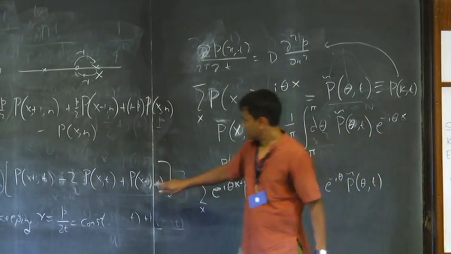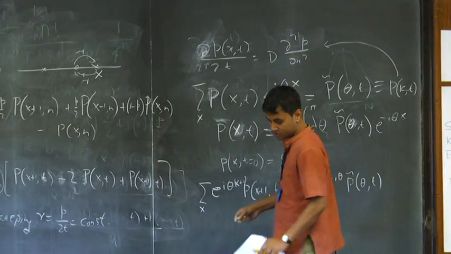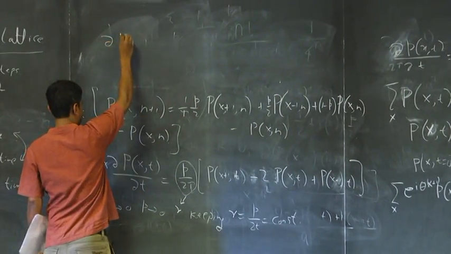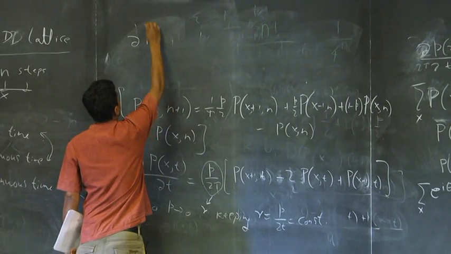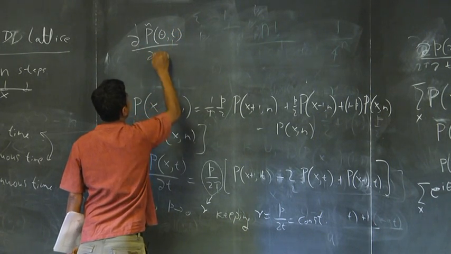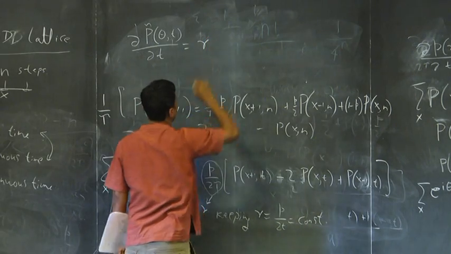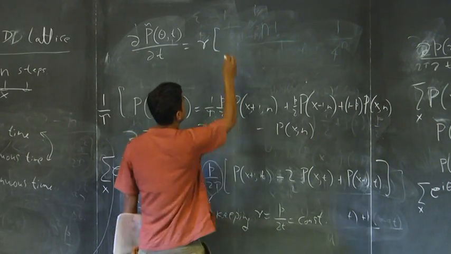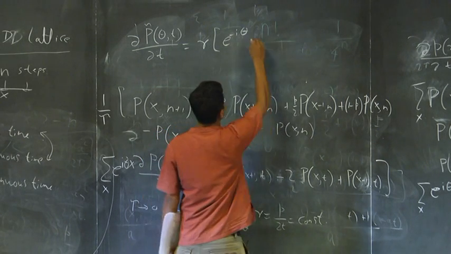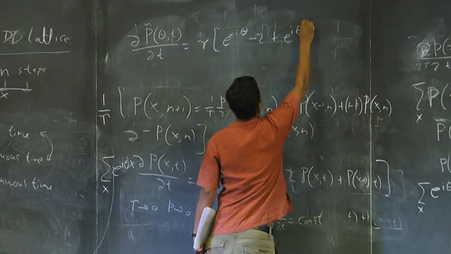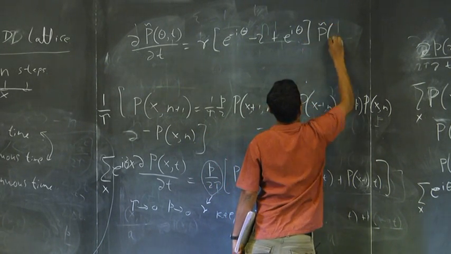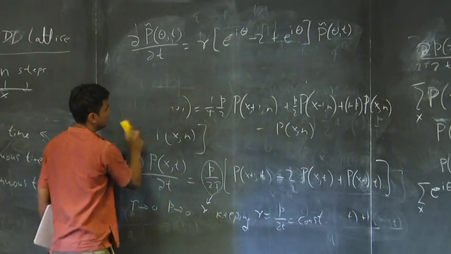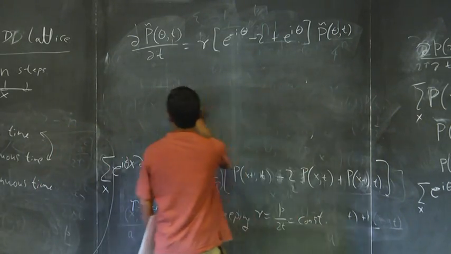For each of these terms I will do something like this, and then the final equation that we'll get is e to the power minus i theta, and then minus 2 plus e to the power i theta.